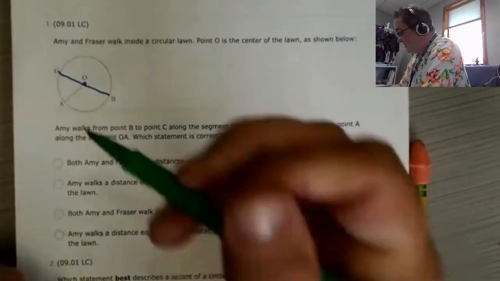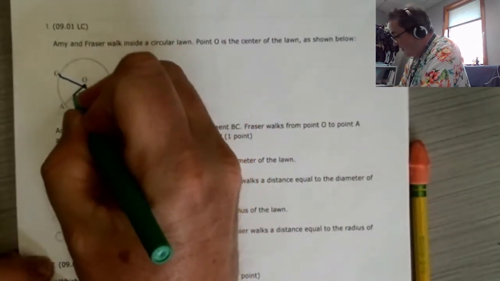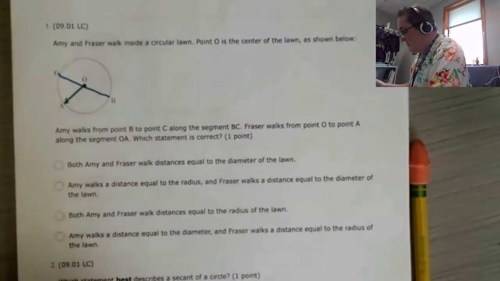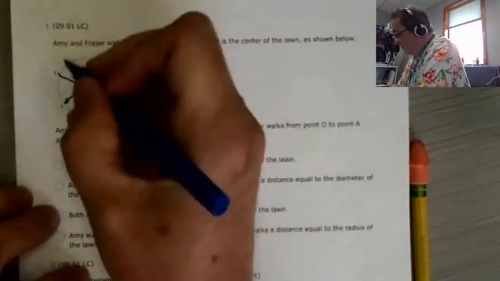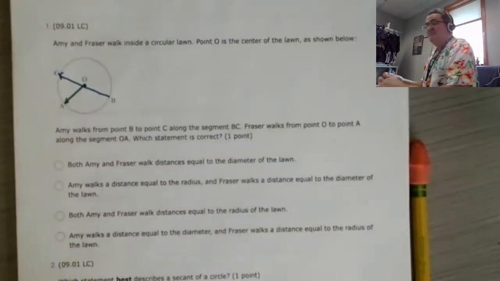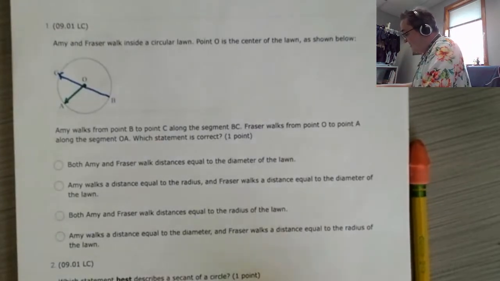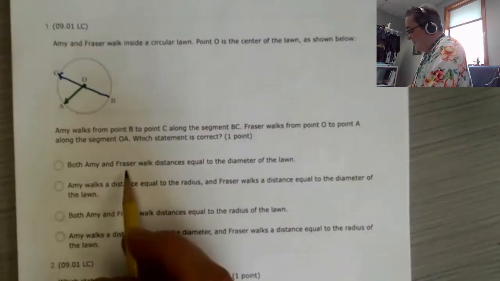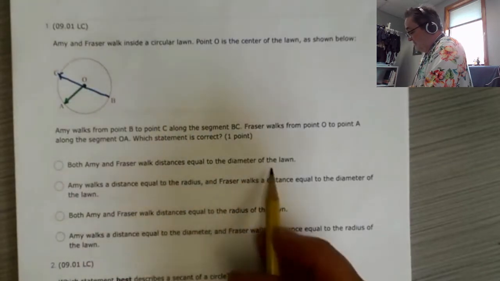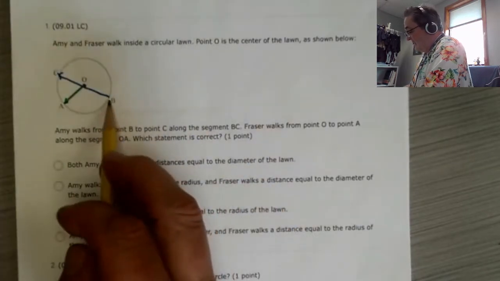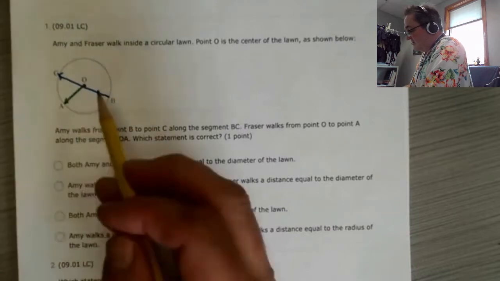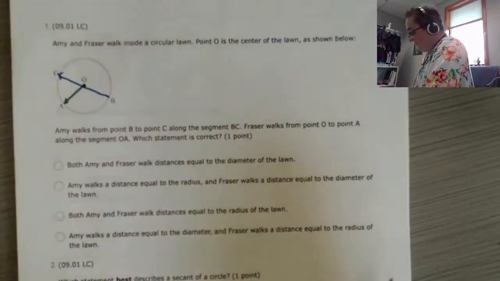So he goes here. All right, so he goes there. I'll go ahead and draw the arrow. The direction is walking. Okay. Which statement's correct? Both Amy and Fraser walk distances equal to the diameter. Well, Amy certainly did, right? The diameter is all the way across the circle, but Fraser did not.